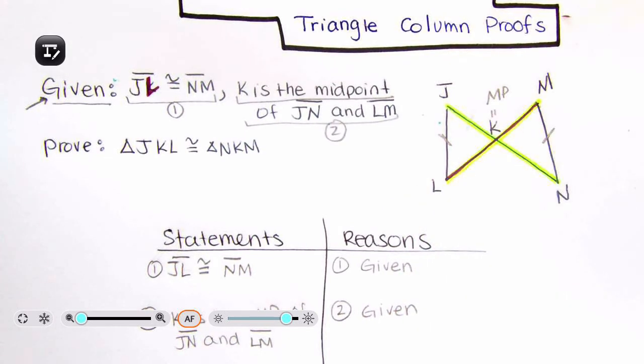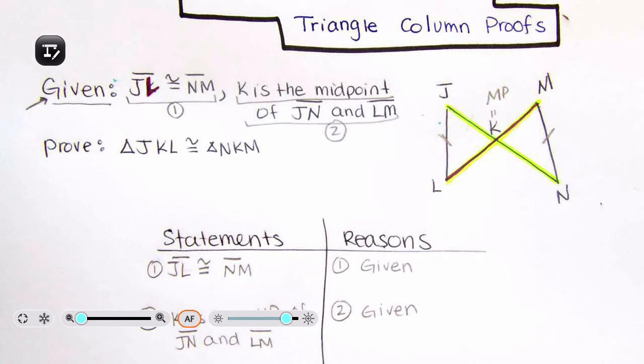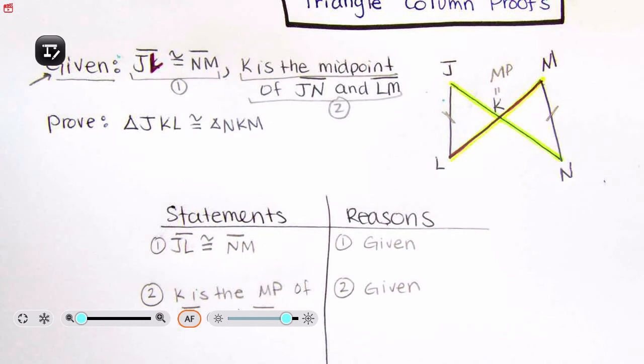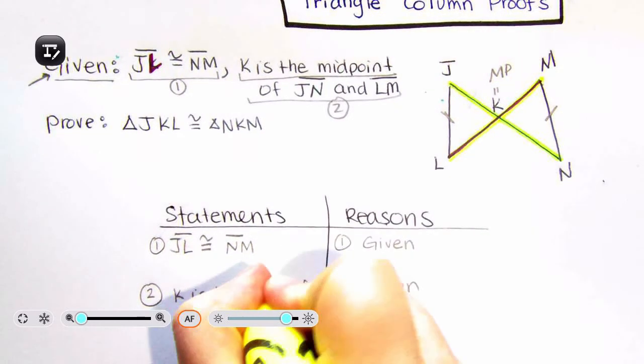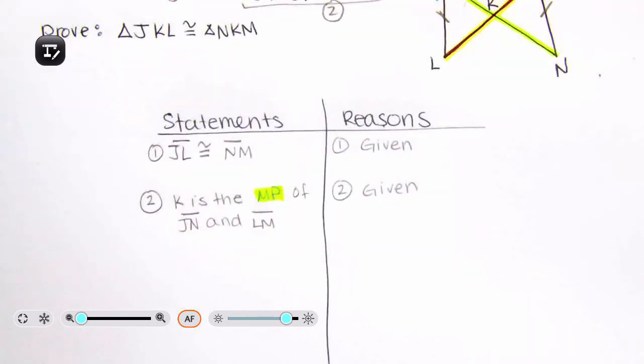Okay, so if you go back to that video, you're going to notice that on step number 4, you're going to want to notice keywords. Some of the keywords you're going to be looking for are things like midpoint. Whenever you see midpoint, that is a keyword that should kind of be thrown at you, red flag, glitter in your face type of situation. Midpoint is one of those very fancy words.